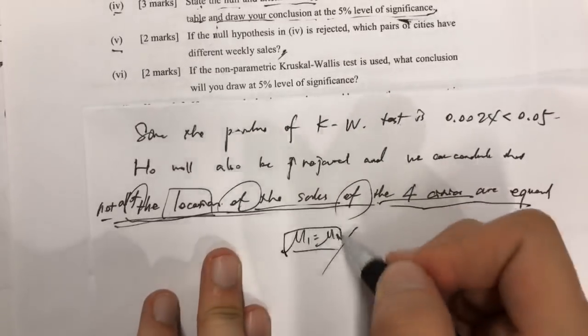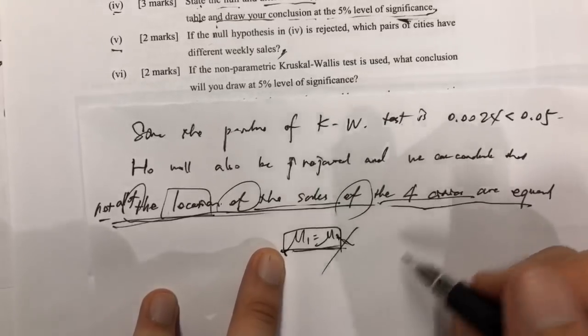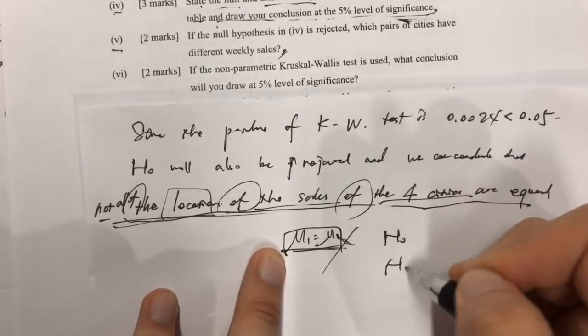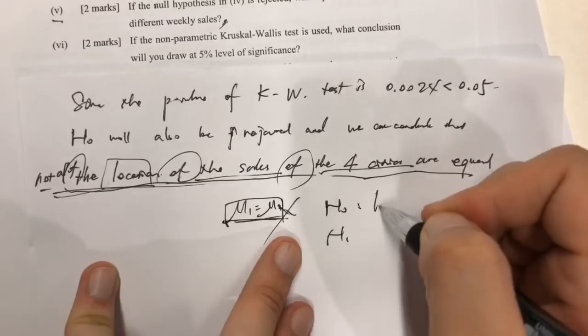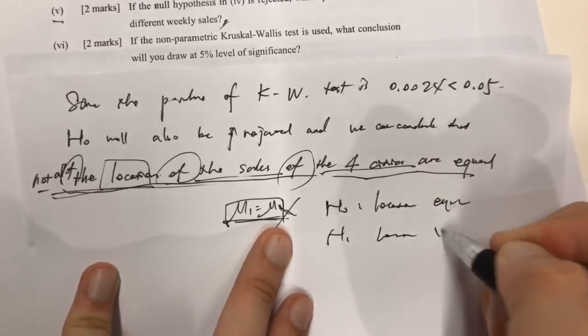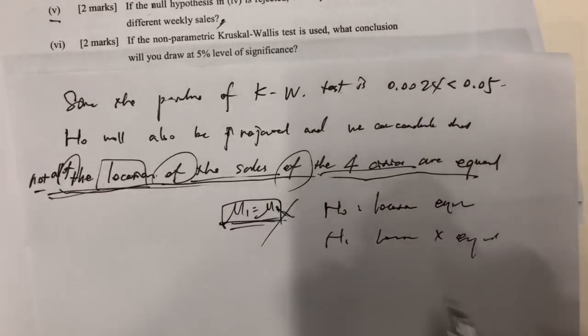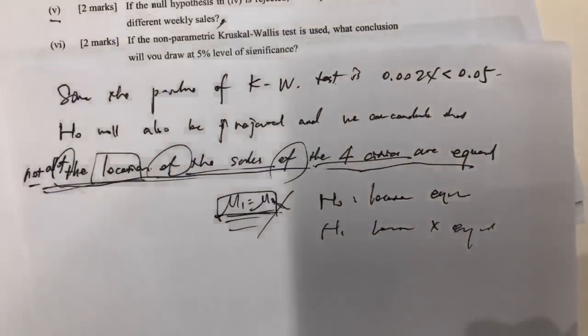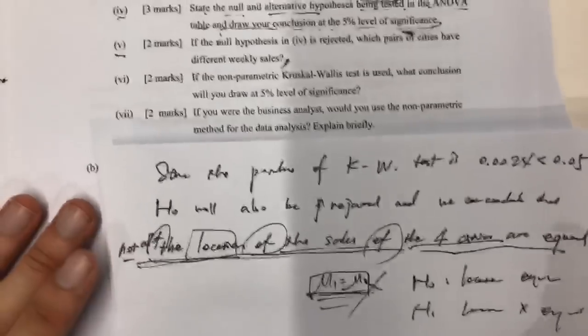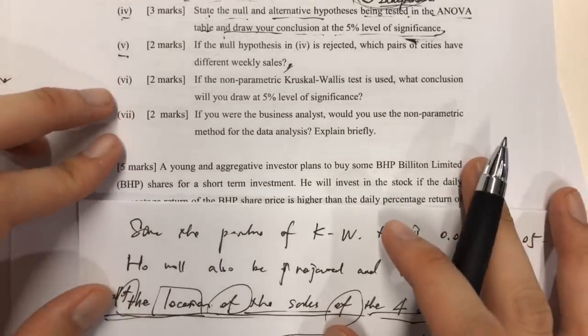Because mu is the parameter, right? But it's a non-parametric test. So the null hypothesis and alternative hypothesis should be the locations are equal or locations are not equal, okay? Instead of mu1 equal mu2 or mu1 not equal to mu2, okay? So that's all about the non-parametric test.